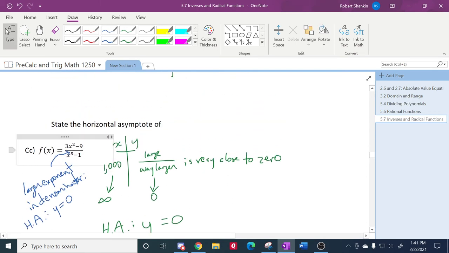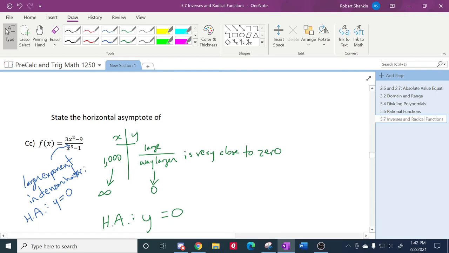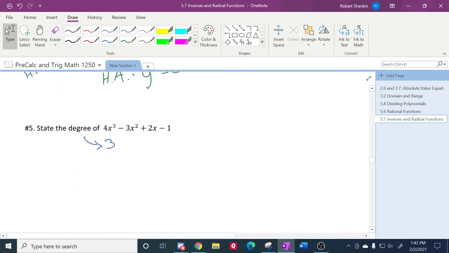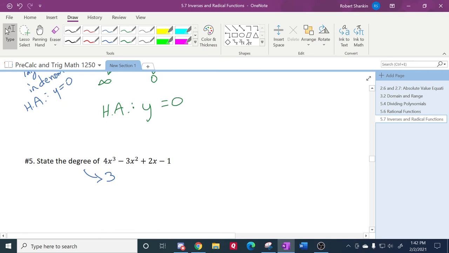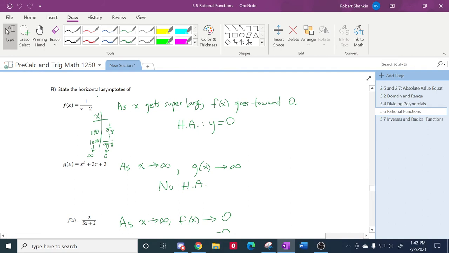This is a second degree polynomial in the numerator, fifth degree polynomial in the denominator. So the one with the larger degree dominates, it drives the whole fraction down to 0. That's its horizontal asymptote.